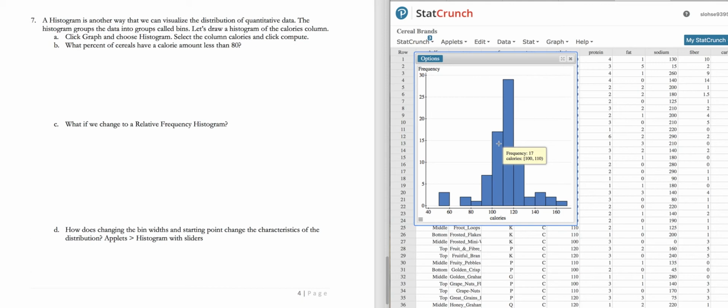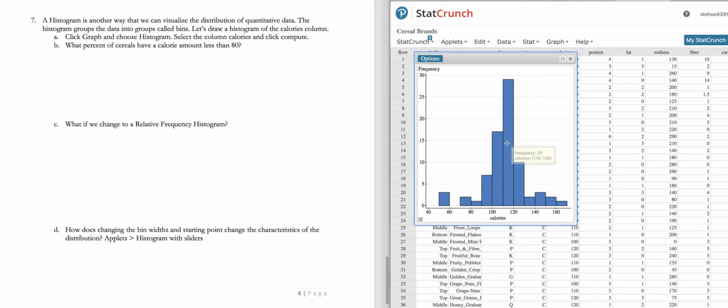Notice that it has the closed bracket on 100, which means a cereal of 100 calories could be in that bar. But then there's that round parenthesis on the 110 on the right-hand side. That means that a cereal with a calorie amount of 110 would not be in this bar.